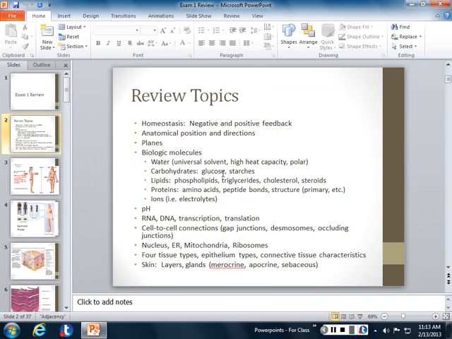Another is triglycerides. By mass or by weight, most of the lipid in the body is in the form of triglycerides. Triglycerides are the primary component in adipose tissue, so in fat tissue. A triglyceride is a carbon backbone, so each corner is a carbon molecule.